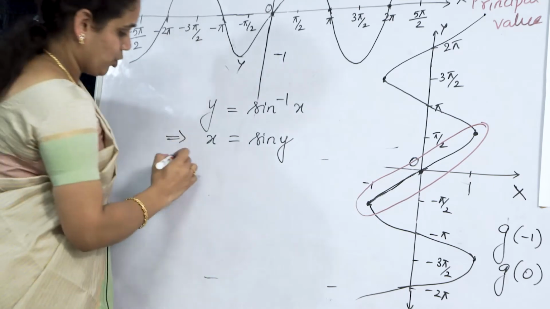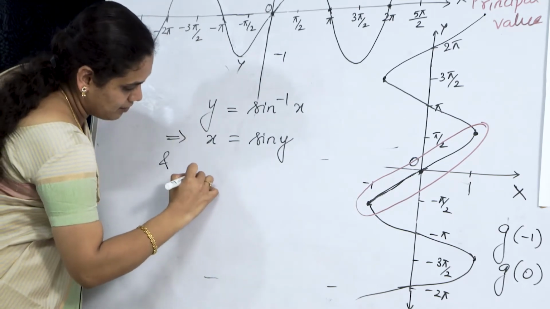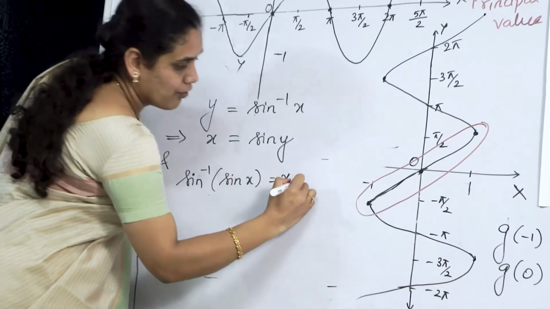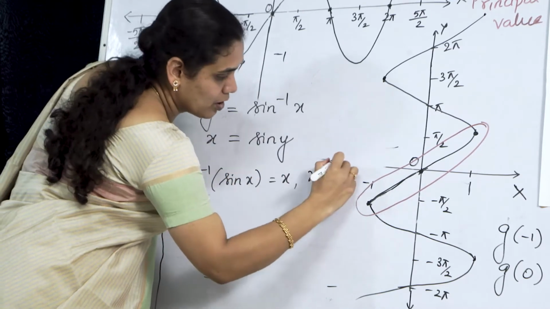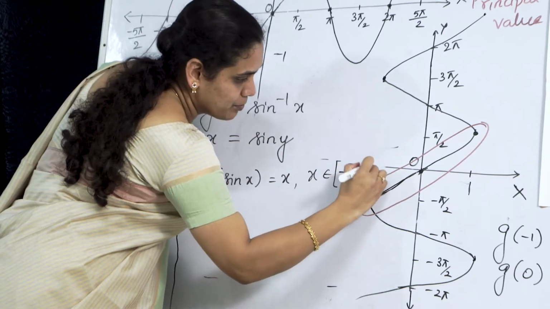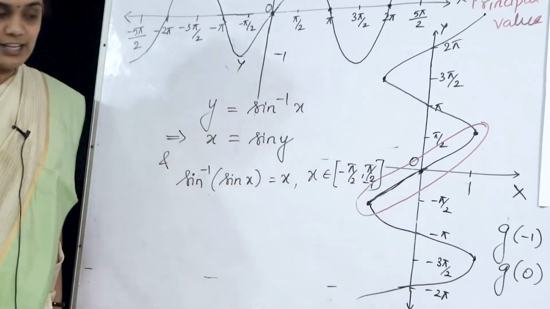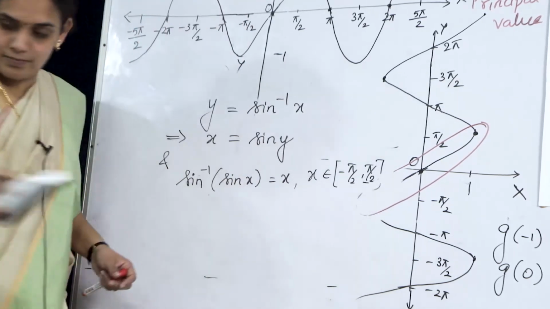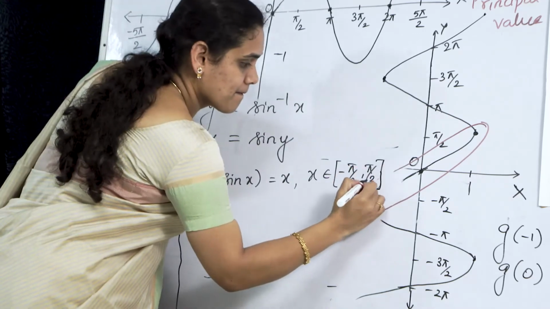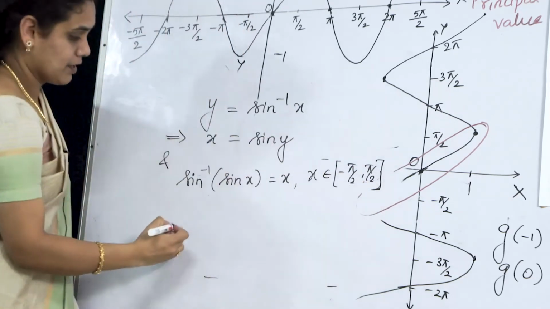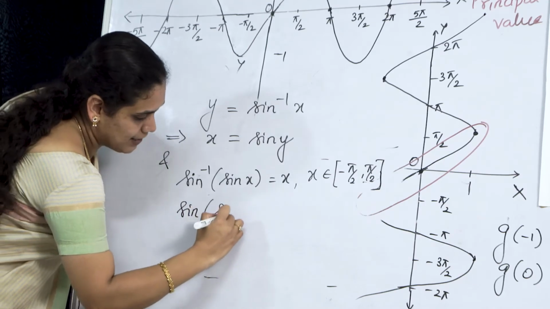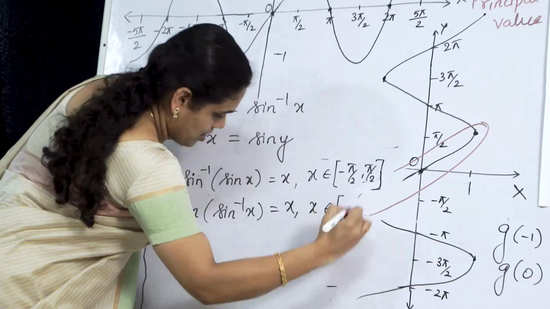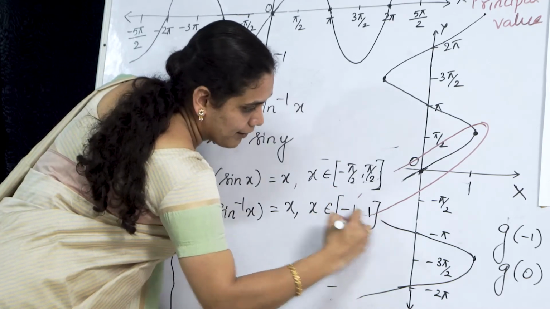Also, sine inverse of sine x will be equal to x for x belongs to minus pi by 2 comma pi by 2. Please remember this property. We will be using this in our exercise problems. Then sine of sine inverse x also will be equal to x for x belongs to minus 1 comma 1.